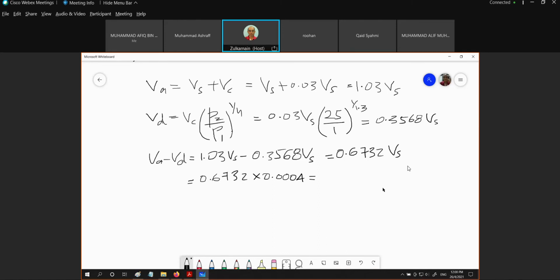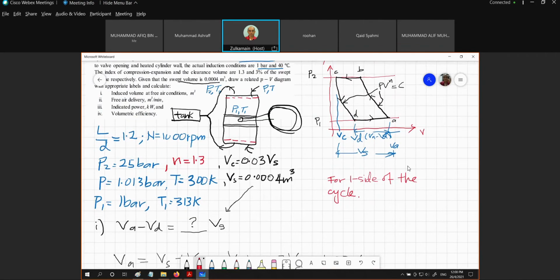How much is that? 0.002693 meter cube. So that is number 1. Next question. Free air delivery.